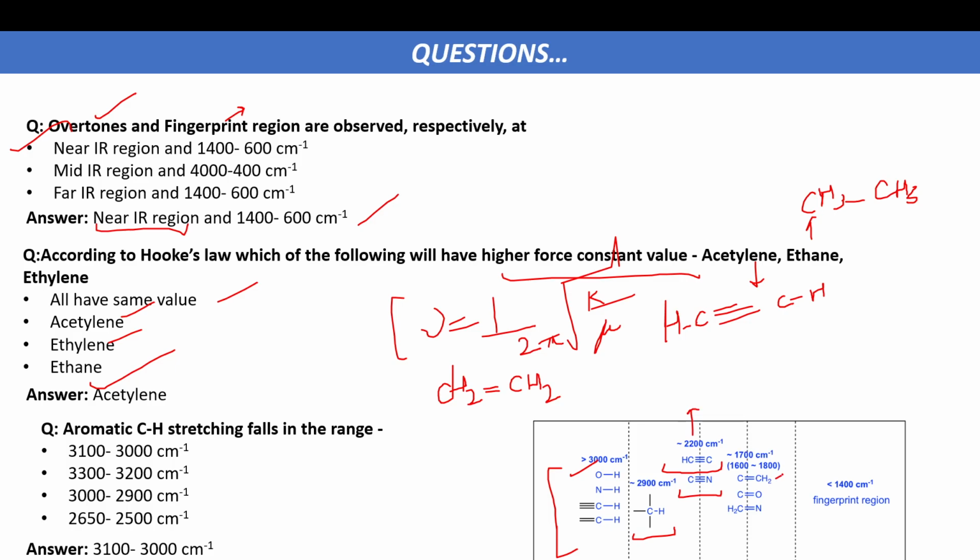For C double bond O carbonyl and C double bond nitrogen, then it will be nearly 1700. But it depends. If it is ketone, aldehyde, esters, acids, it may have slightly different, but it will be in the range of nearly 1700 centimeter inverse. Then this was for your functional group region. Then there is a fingerprint region also in the IR that comes at less than 1400 centimeter inverse. So these values you should know for the different functional groups. So the aromatic CH comes at 3100 to 3000 centimeter inverse.